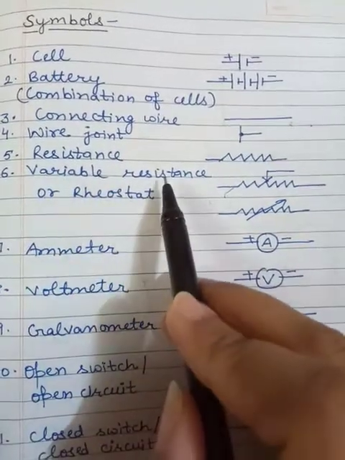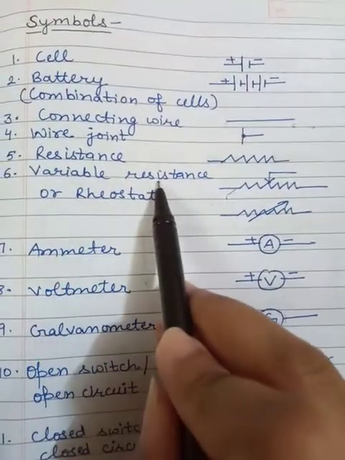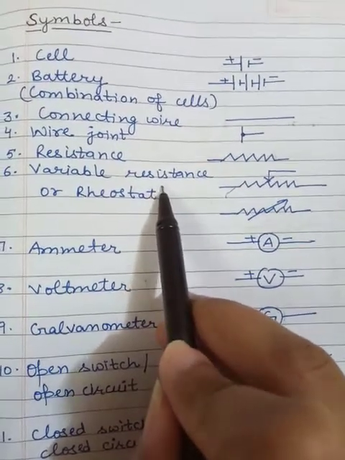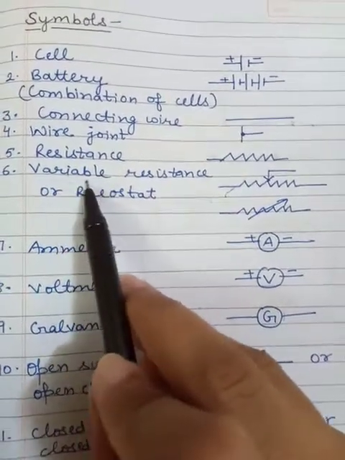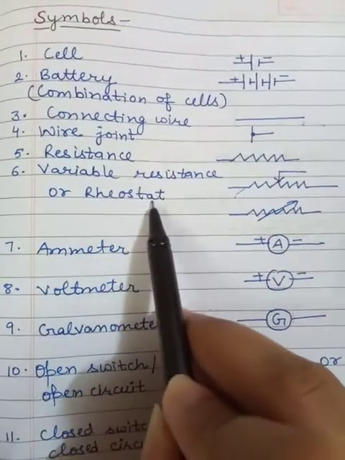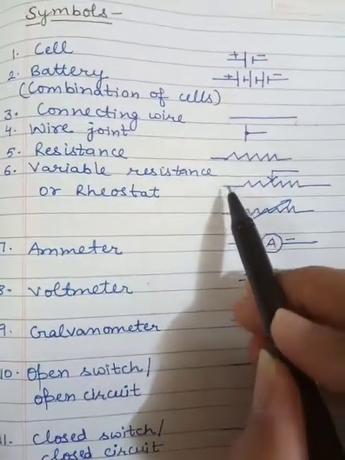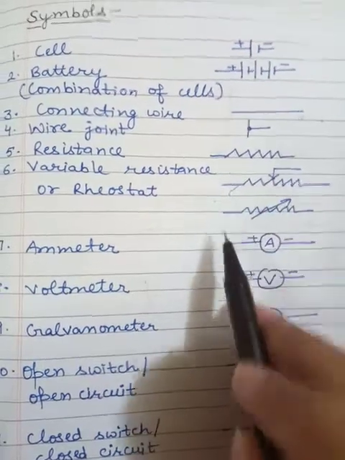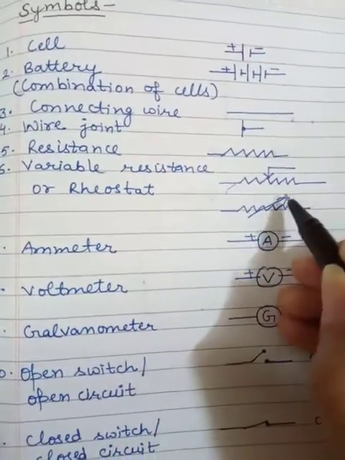Next is the variable resistance. Variable resistance means a resistance which can change or vary. It is also called the rheostat. It is in the form of this zigzag line and there is one arrow like this or like this.